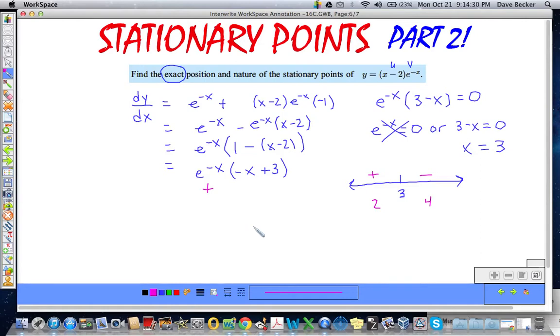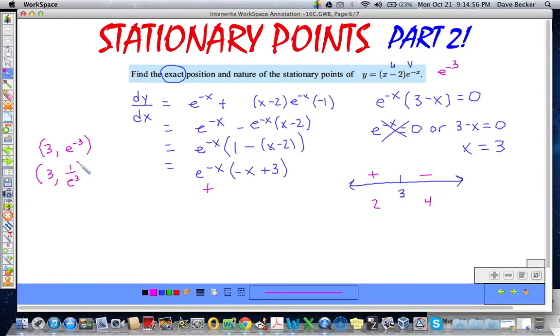So we have a critical point at 3. Now we need to put 3 into the original function. 3 minus 2 is 1. So 1 times e to the negative 3 equals e to the negative 3. So we could put e to the negative 3 here, or we could also put 1 over e cubed.